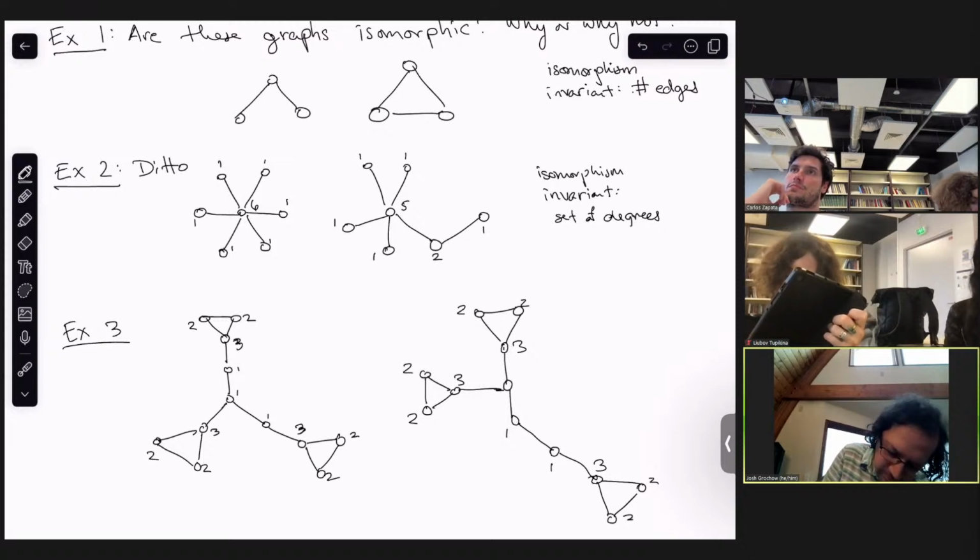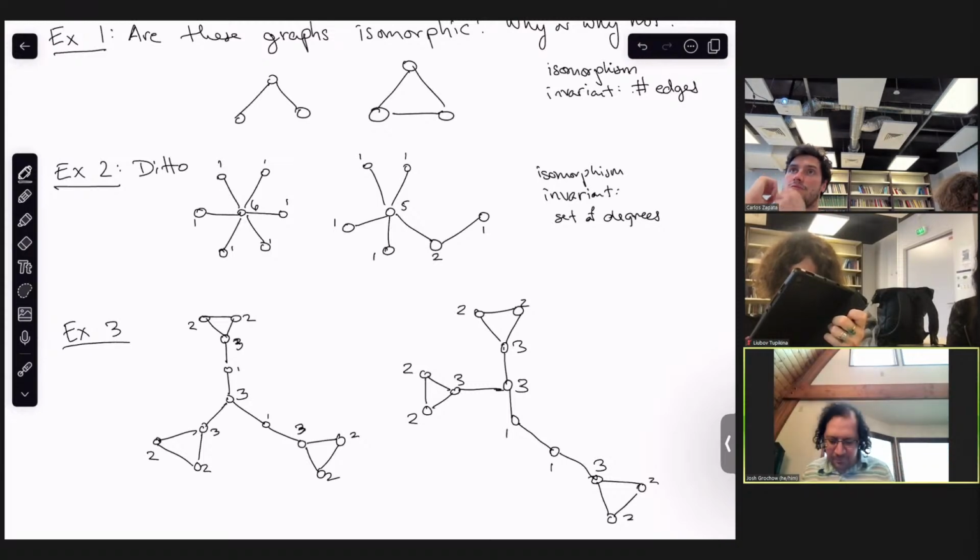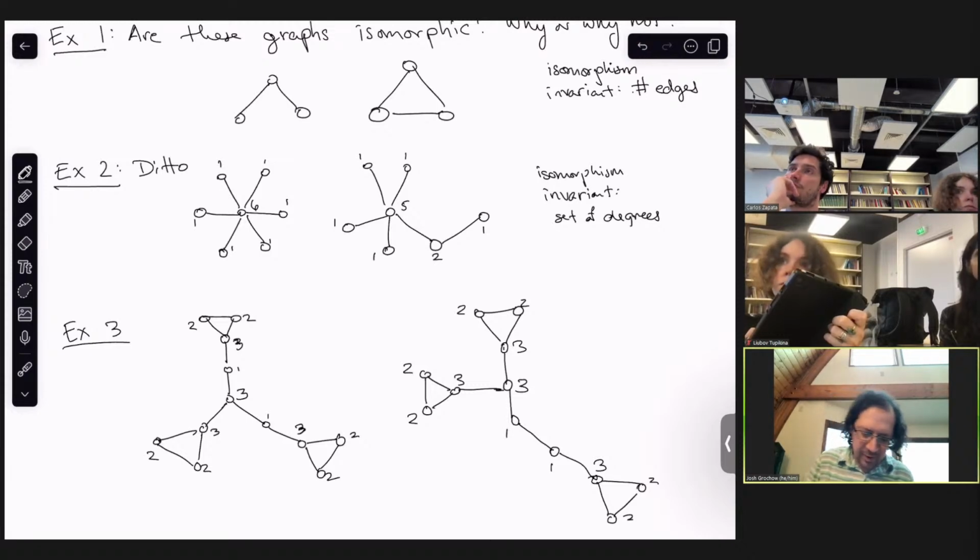Oh, oops, that's not degree 1. That is also degree 3. Okay, good. All right, so the sets of degrees match.